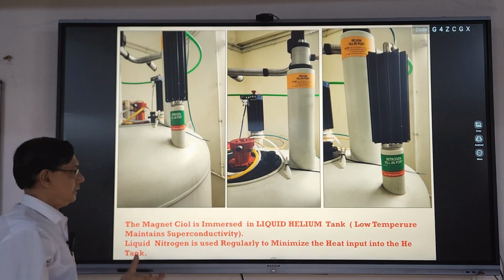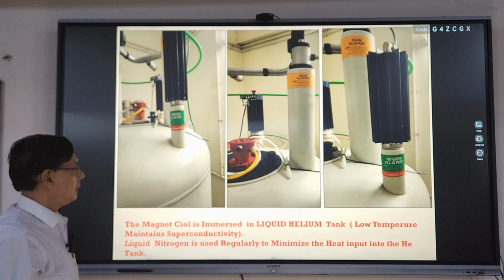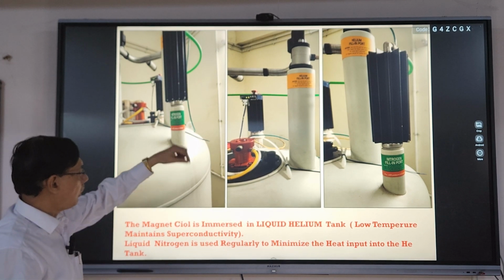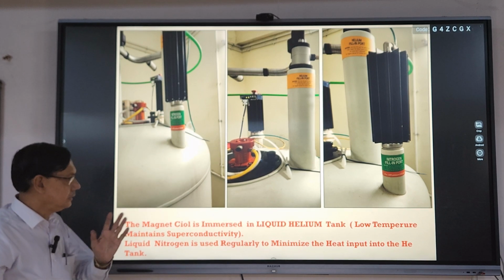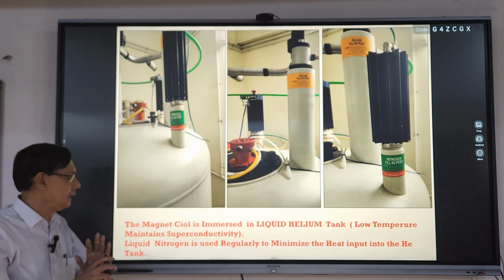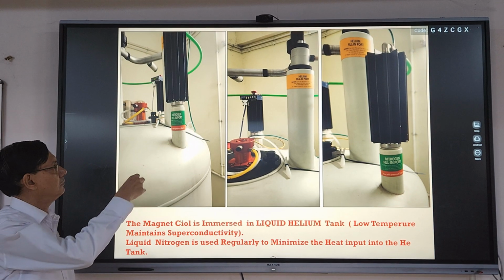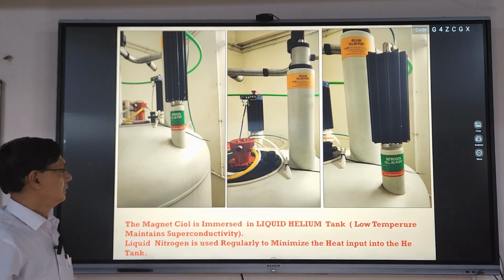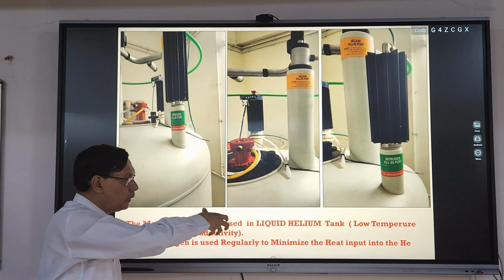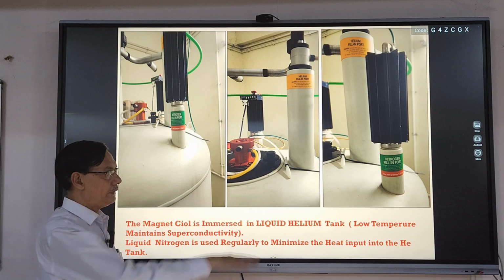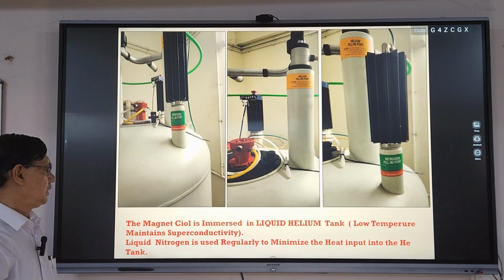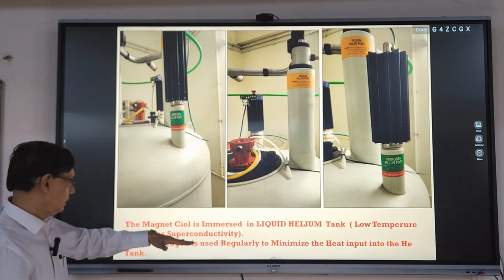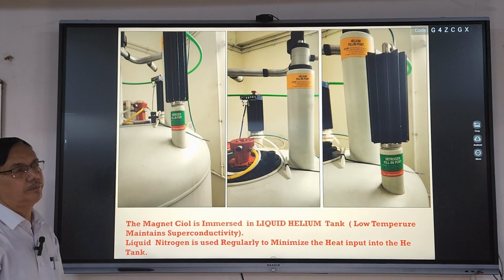Because you know that it is a superconducting magnet, the magnetic coil is immersed in a liquid helium tank to maintain the low temperature, like 4K or 2K. Because if we maintain the low temperature, then of course it also maintains the superconductivity.